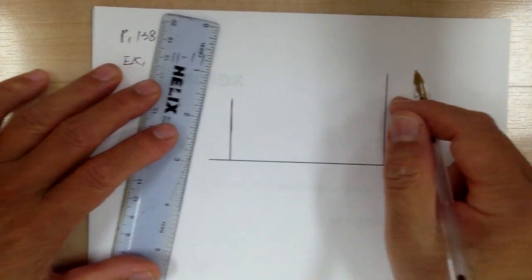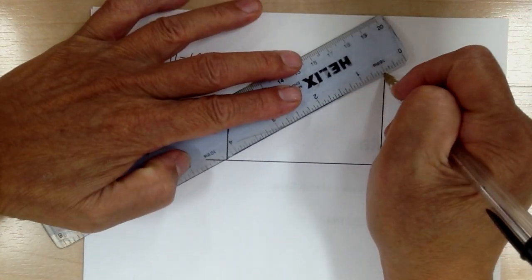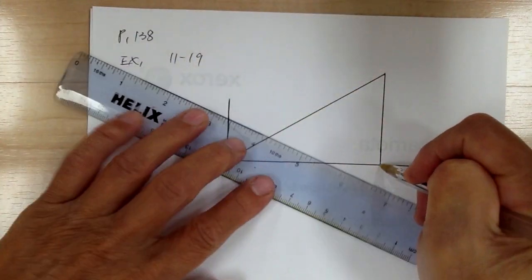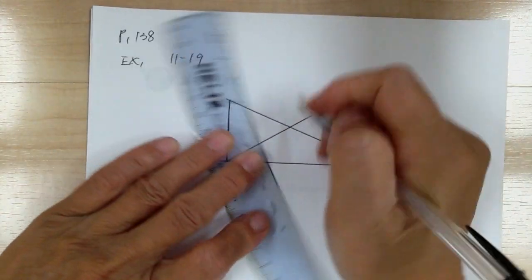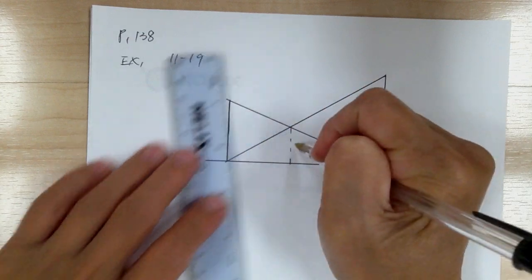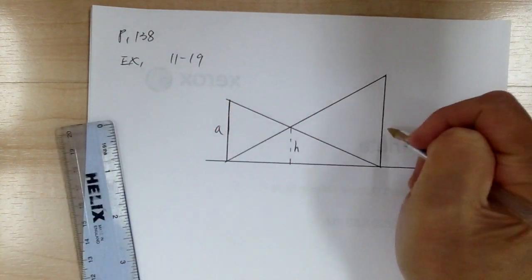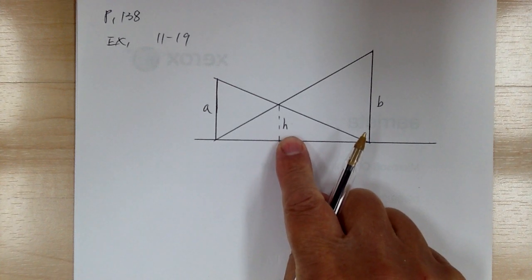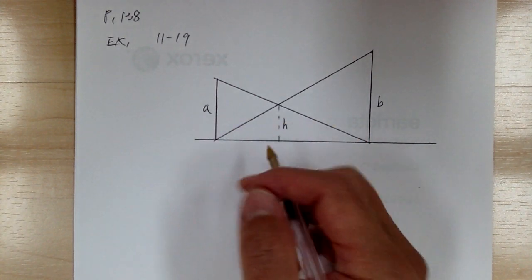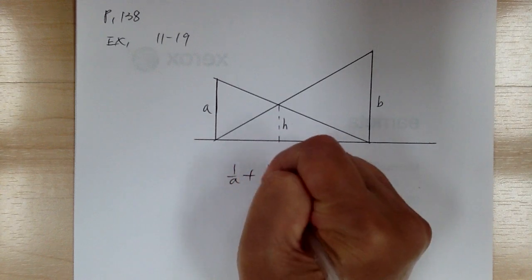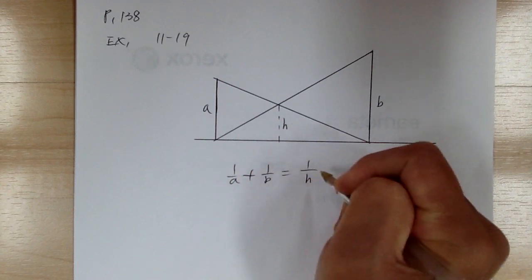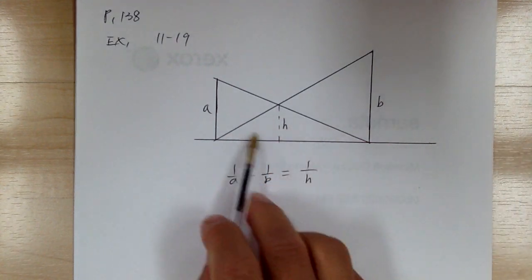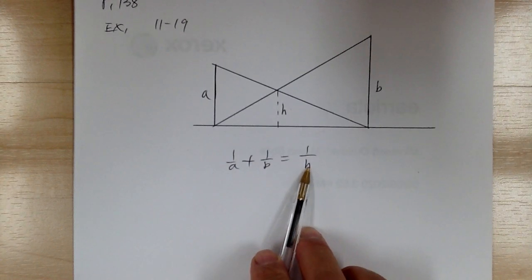So normally you have the pole here, and then you have the wire going to opposite corner. And then you have this height over here, and normally they have the A and the B. So normally they want you to find the H. Okay, so the easy way to remember this is that you got 1 over A plus 1 over B equal to 1 over H. Okay, so this is a very important trick to remember.